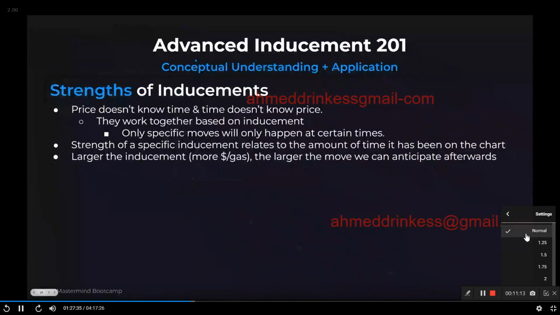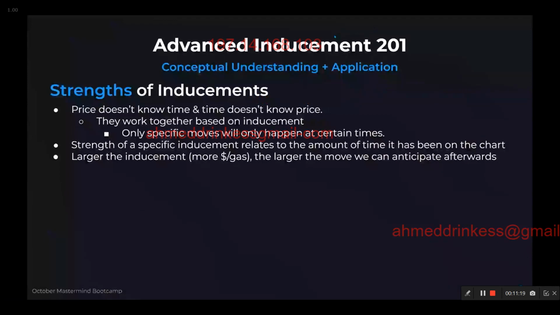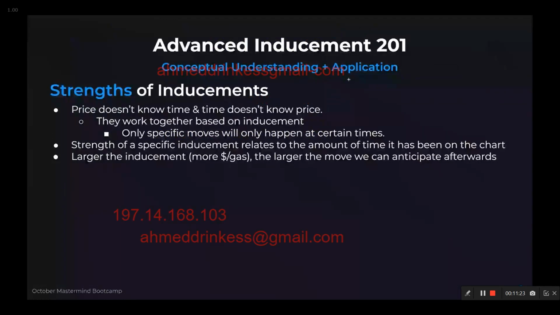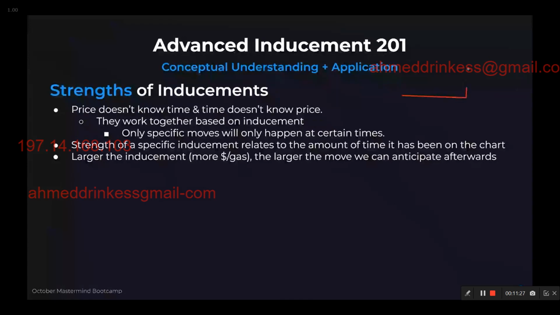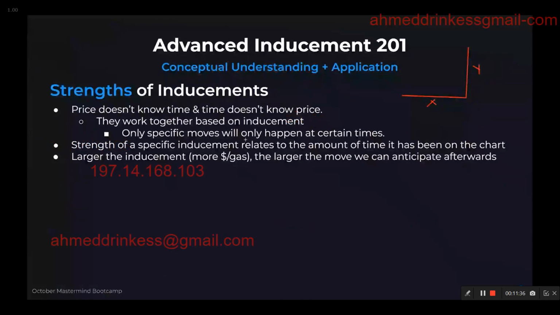One thing that we need to understand, learned a long time ago: price doesn't know time, and time doesn't know price. If you've heard of that before, what does that mean? On a chart, the x-axis is always going to be time, the y-axis is always going to be price, meaning they do not know one another.